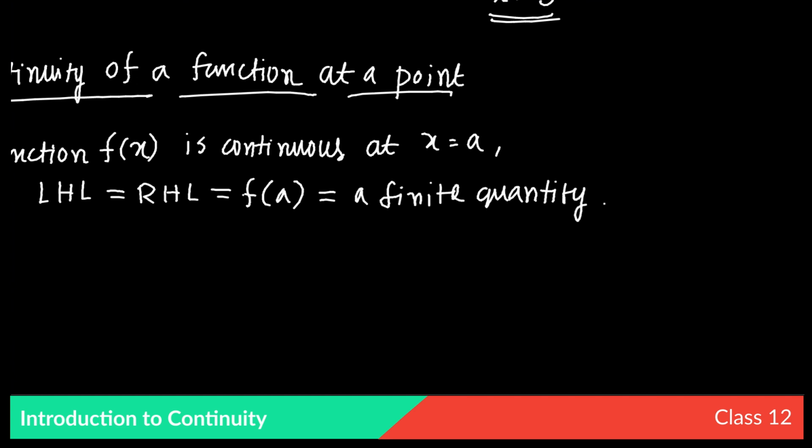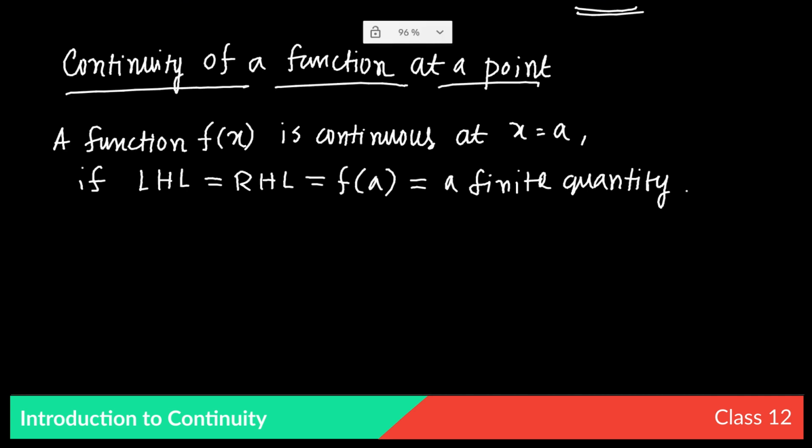So a function f(x) is continuous at x equals some point a if LHL of x equals a is equal to RHL of x equals a, equals f(a), which is a finite quantity. It should be a finite quantity.